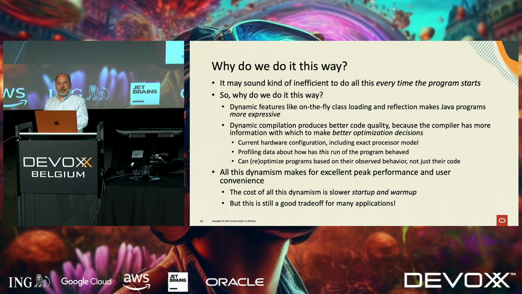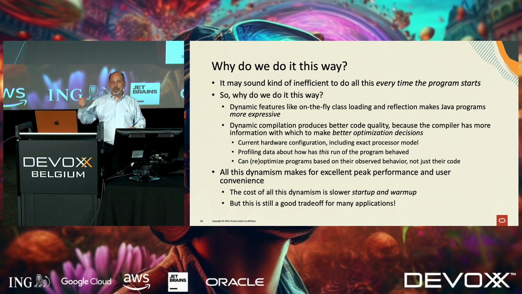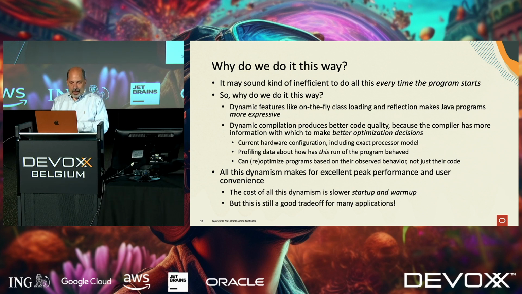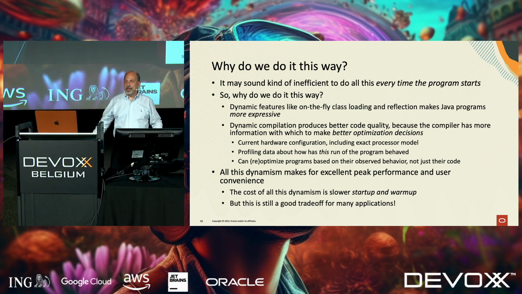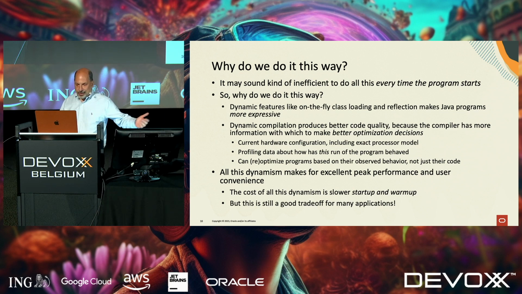So dynamic features like on-the-fly class loading and reflection make Java programs more expressive. The frameworks that we use every day would be much harder to write if we didn't have reflection, if we didn't have annotations, if we didn't have dynamic class loading. Similarly, dynamic compilation, JIT compilation, generally produces better code than static compilation for the very obvious reason that if you're compiling at runtime, you have more information than if you were compiling at build time.